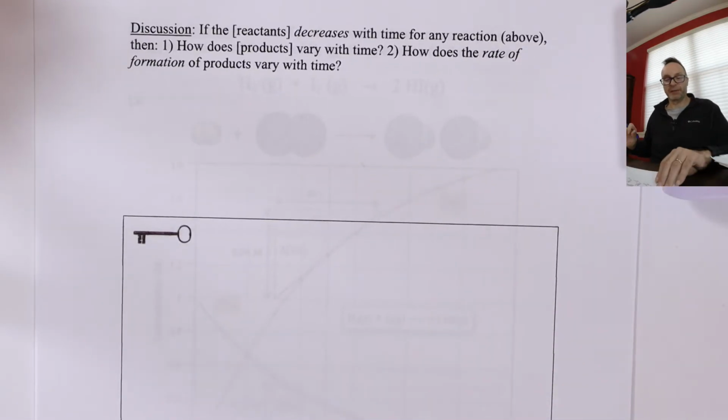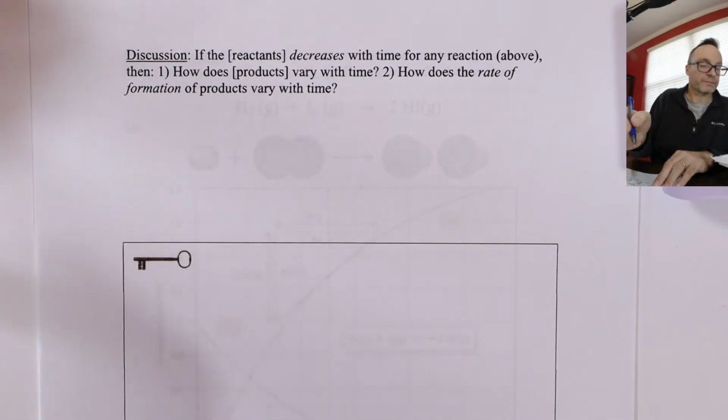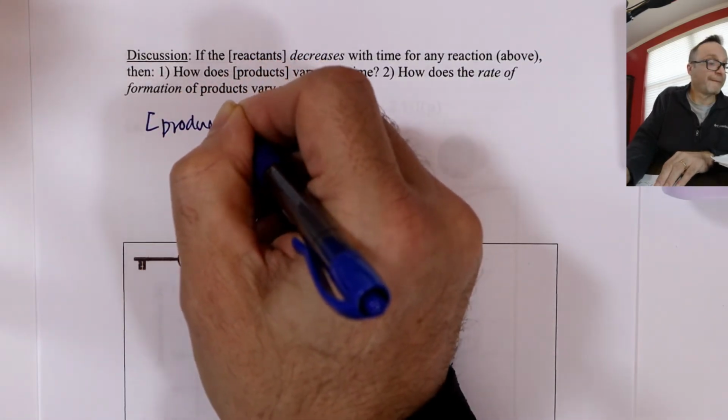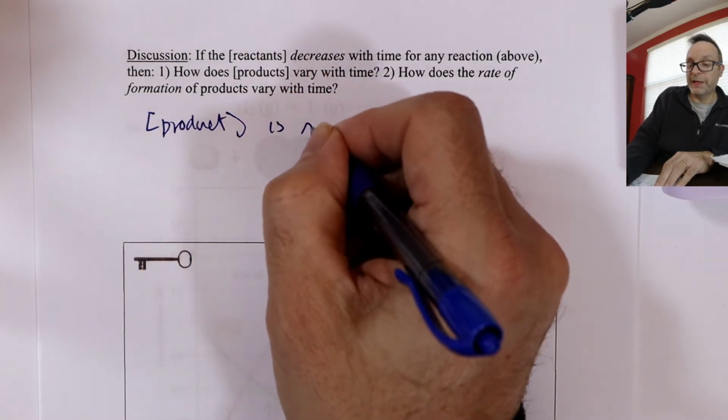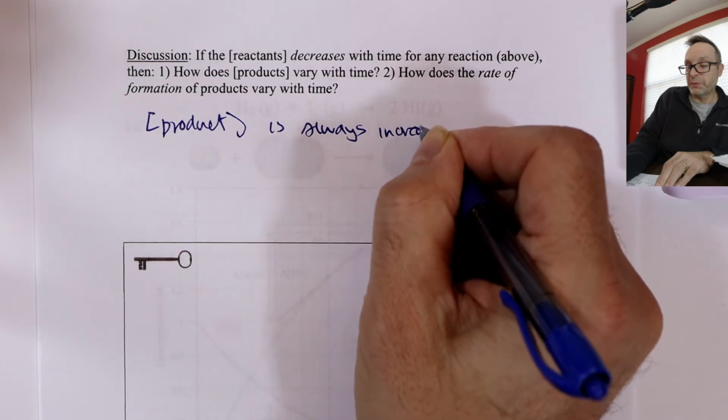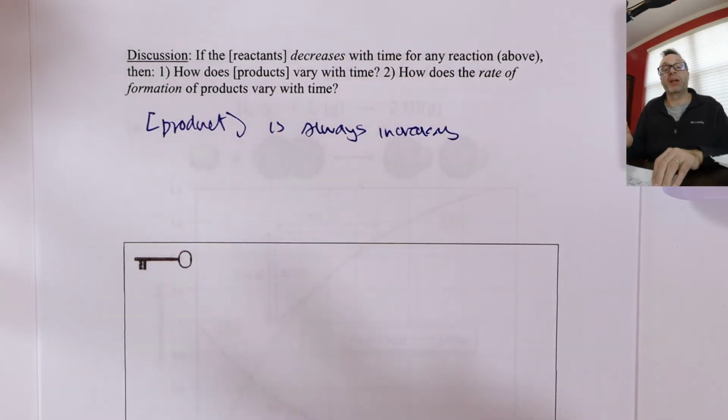So let's write that down real quick. So, product concentration is always increasing. So if you want to think about it, it's like the mirror image argument to reactants, right? So reactants are always going away, products are always being formed.